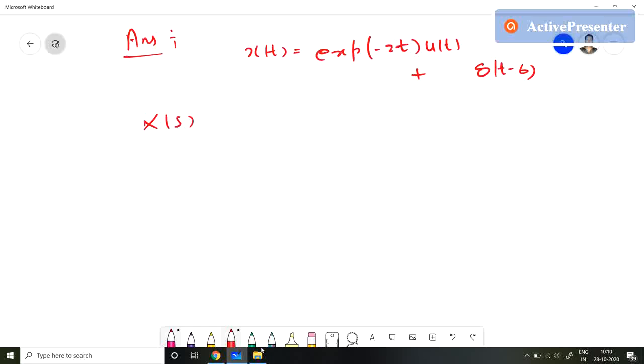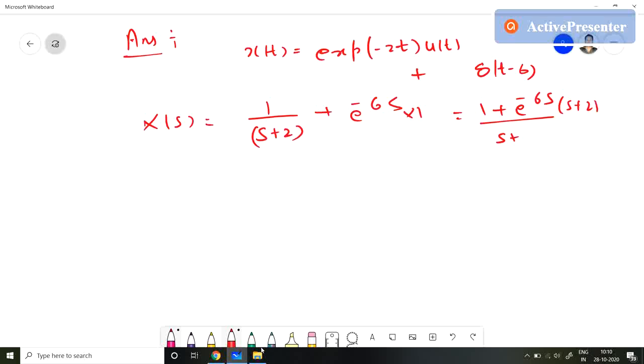So the Laplace transform of this input is 1/(s + 2) plus e^(-6s) into 1. So it is better to write it in the form (1 + e^(-6s)(s + 2))/(s + 2), which is more suitable.